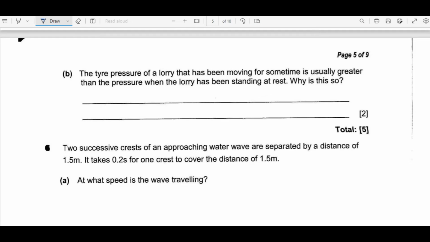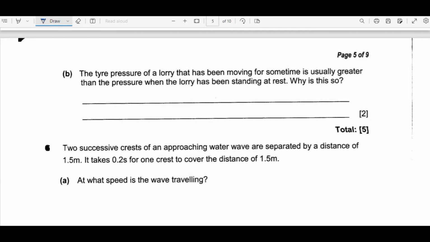The tire pressure of a lorry that has been moving for some time is usually greater than the pressure when the lorry has been standing at rest. Why is this so? What I want you to have in mind is that whenever a lorry or a car is moving, there is friction between the ground and the tire. That friction creates heat energy.